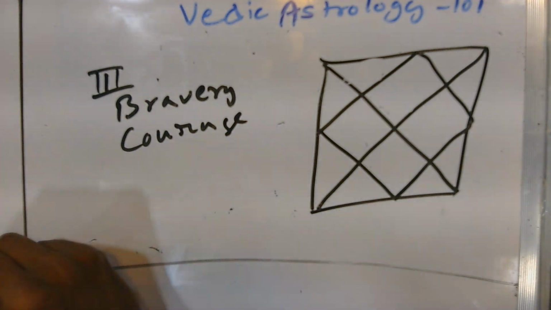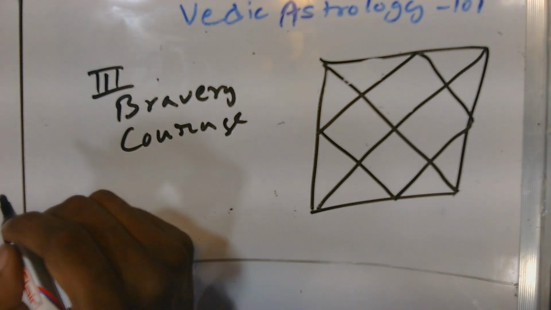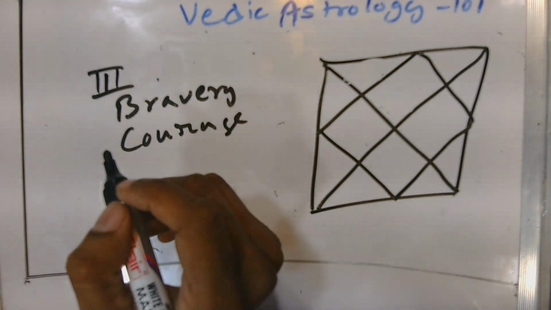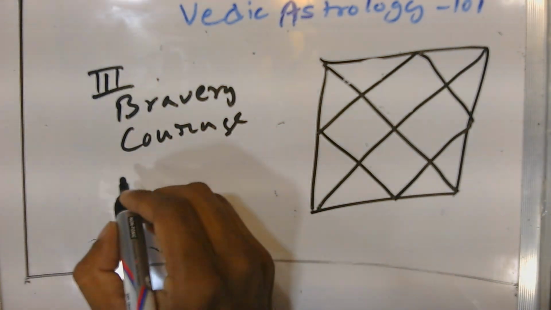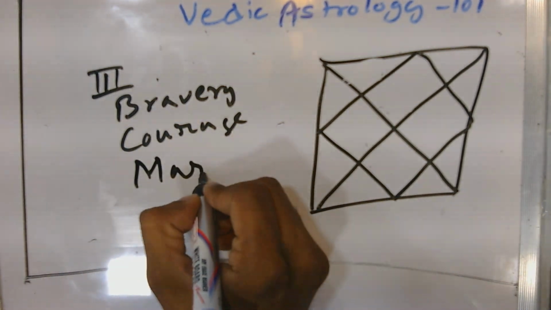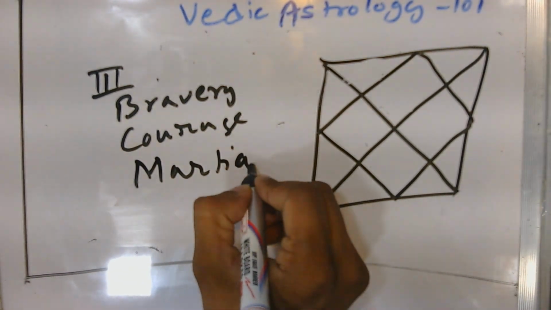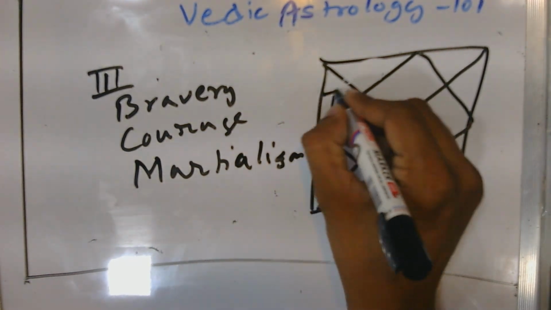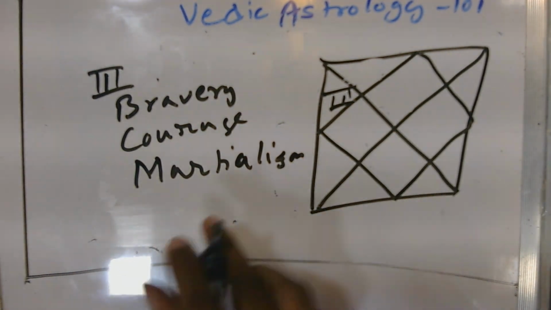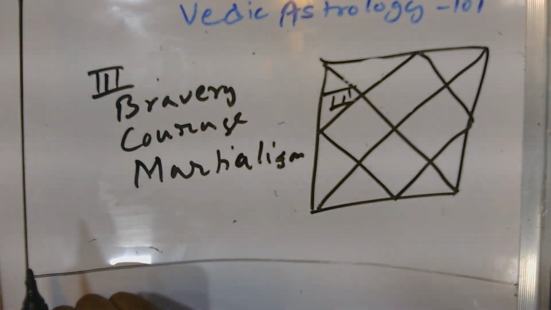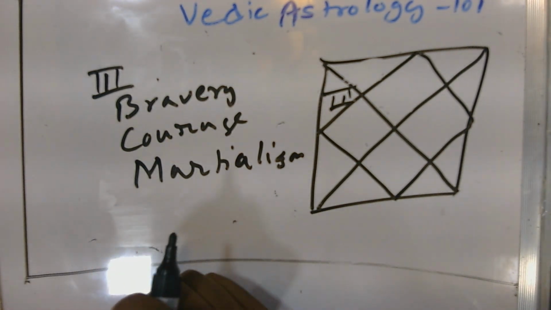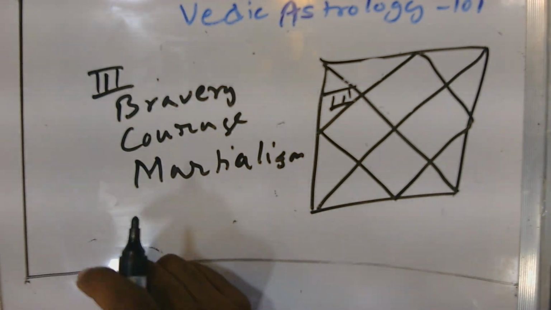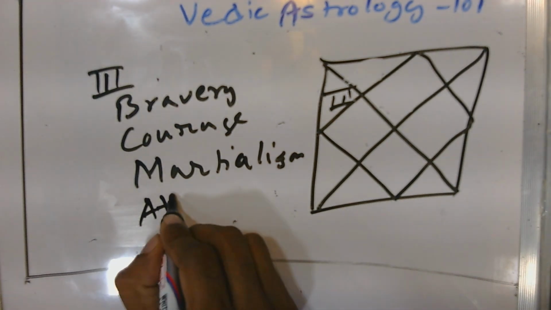So, third house tells you about, gives you information about things of such nature, like your martialism. This is the third house, always going to be the third one. So, it gives you information about your martial ability or, you can say, athleticism.